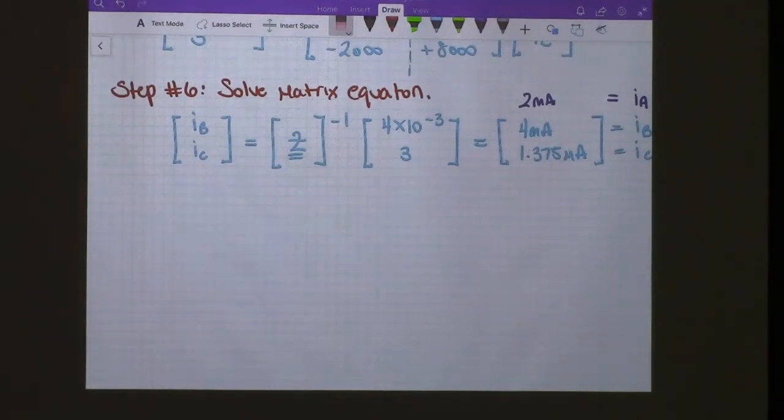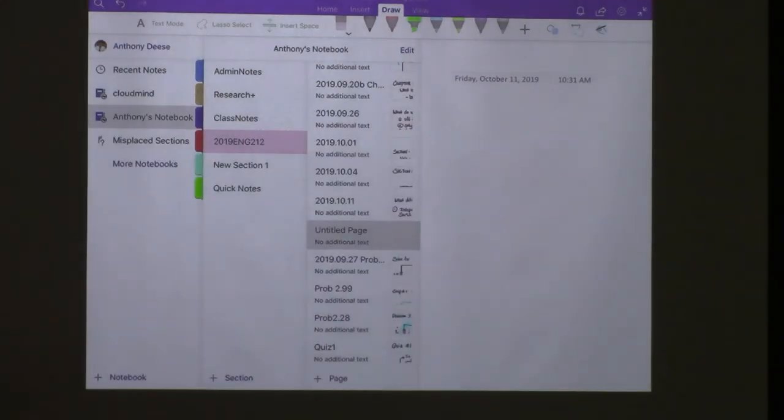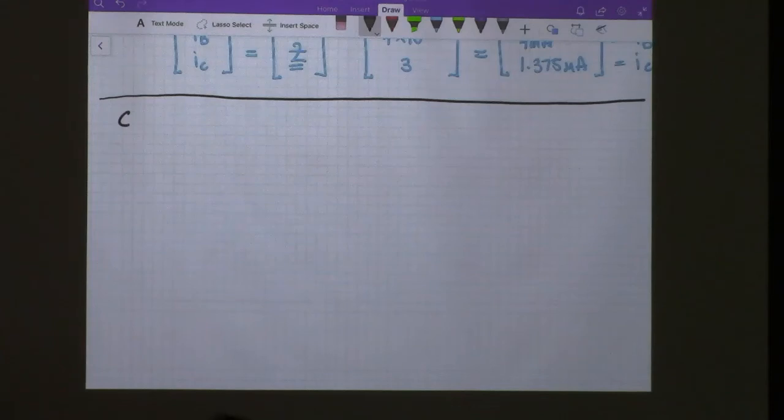Okay, so next chapter. The next chapter has to do with operational amplifiers.